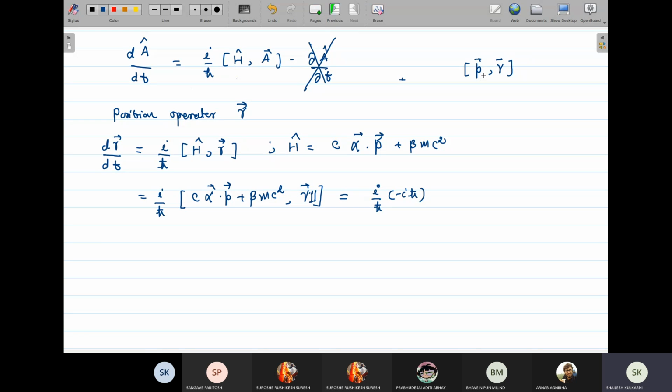So you can write pi and xi, so you can write this as alpha i pi commutated with ri. So what you will get is c times alpha i, it will be vector alpha. This will be the commutation relation. So this is equal to minus minus, so it will be equal to c alpha. Indeed, you can see if I say this is some kind of velocity operator, then this will be c times alpha.